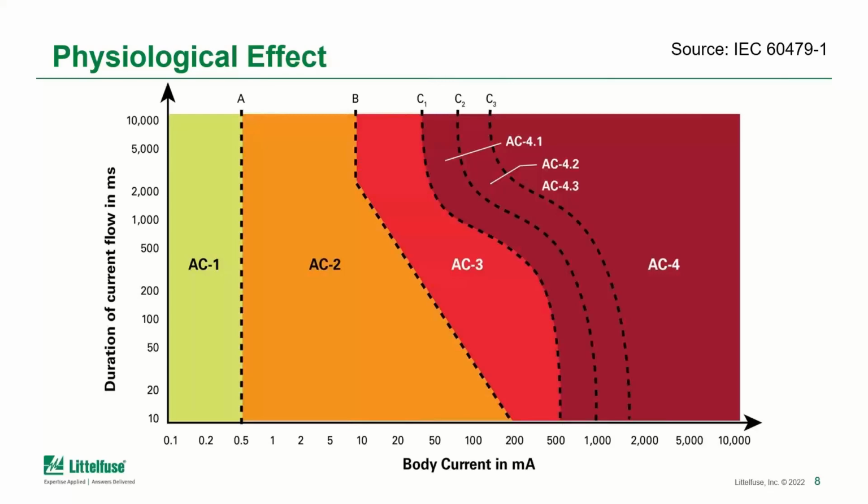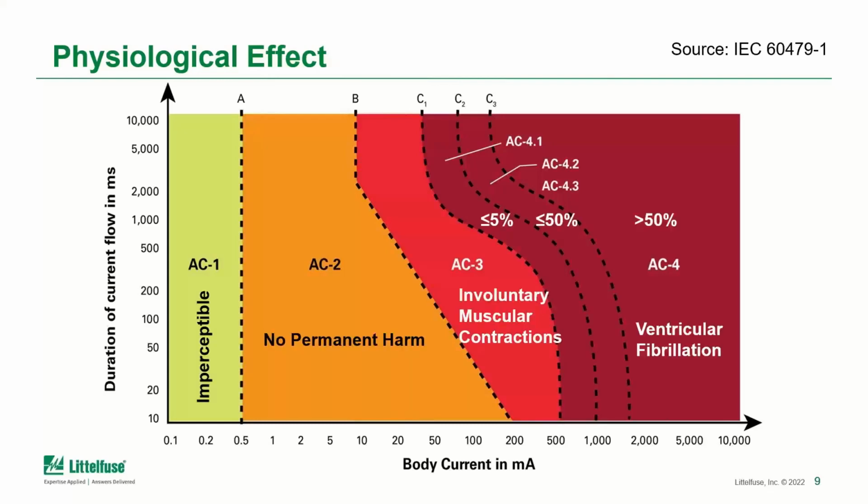Now, the data shown on the slide right now is taken from that IEC 60479 standard, which is based on Dalziel's work. And this just really shows how the current and the time both play a factor in the severity of a shock injury. When you add the extra information here, you can see the ranges go from what's labeled as imperceptible up to fibrillation.